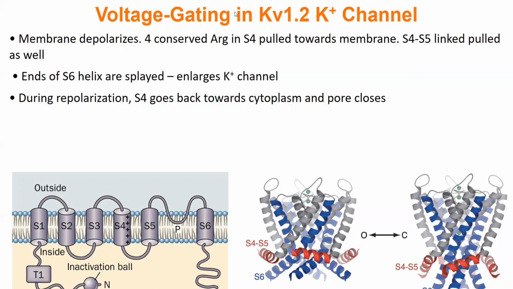So if you remember, when a nerve impulse happens, if this is cytoplasm, sodium goes into the cell, making the cell positive. Then potassium leaves the cell to balance out that charge and becomes negative again, and then the channels close. So this potassium channel is being opened because of charge.